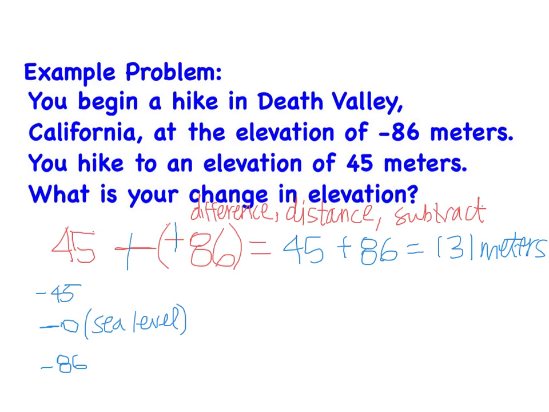And we want to figure out the change in elevation, or how many meters total we are traveling. Well, it takes 86 meters to travel from -86 to 0, plus 45 meters to travel from 0 to 45. Okay, so 45 plus 86 is our final answer.